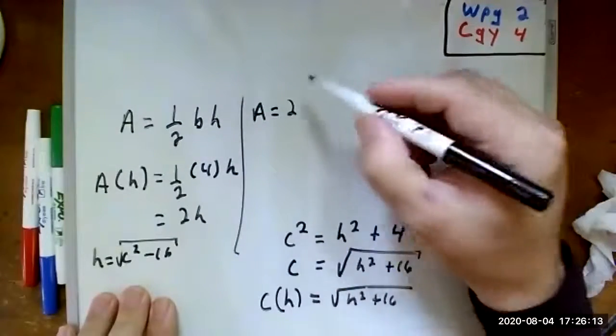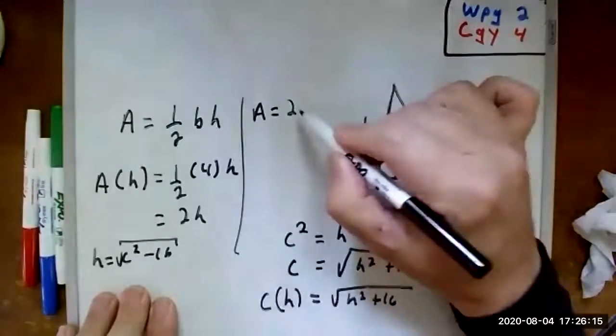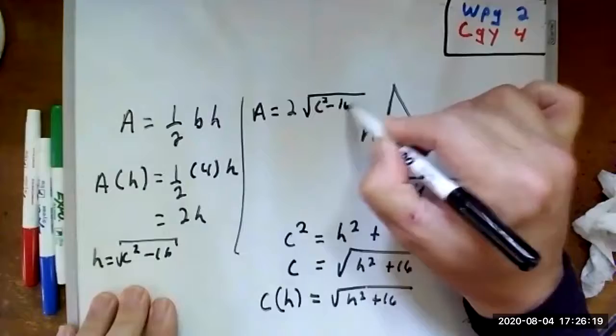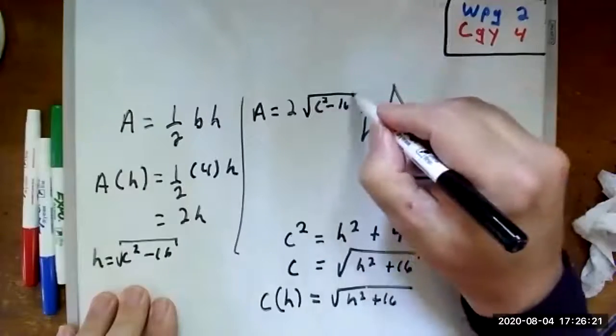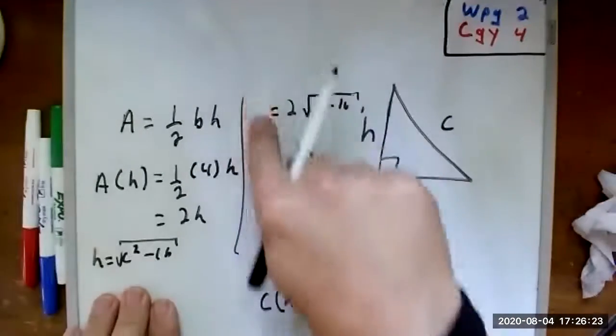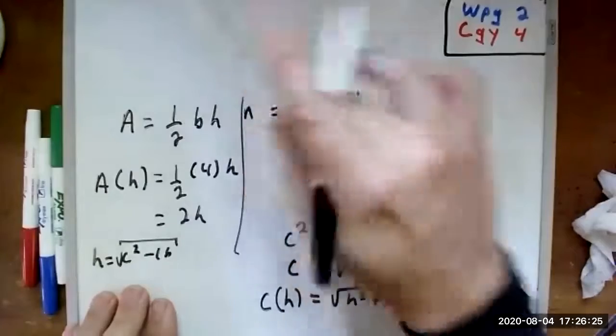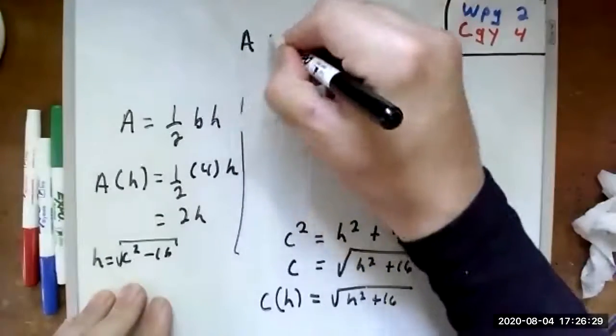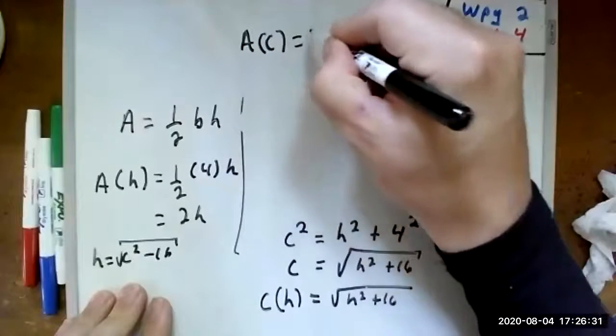Okay, well, now I can say I know what h is in relationship to c, which means I can calculate the area of this triangle by replacing h with this. I'll know that it's going to be c squared minus 16, so twice the square root of c squared minus 16.